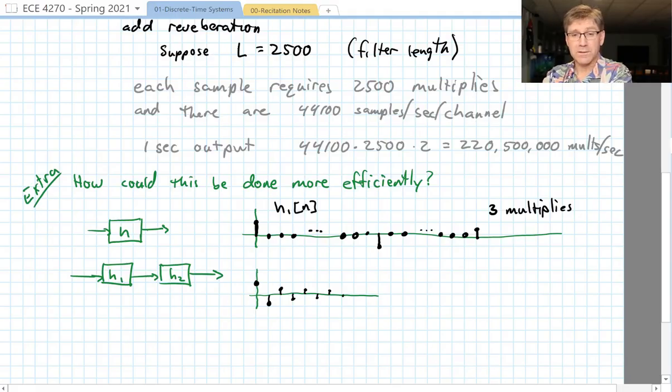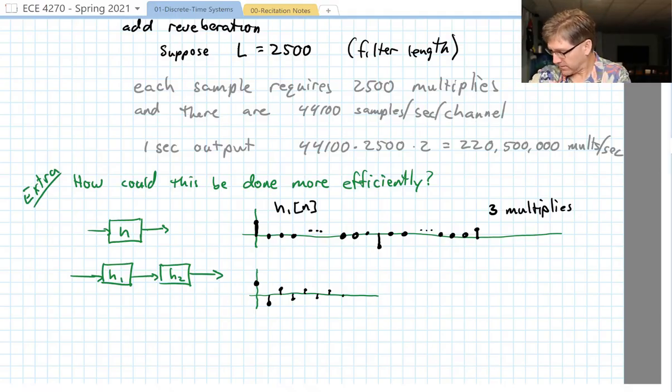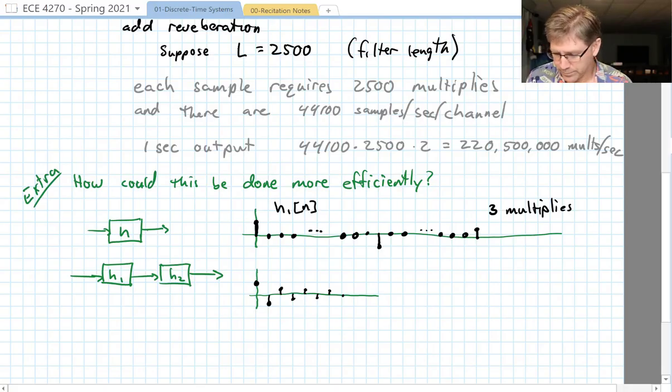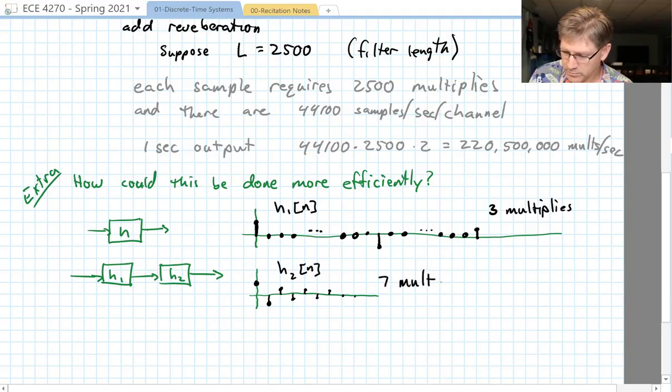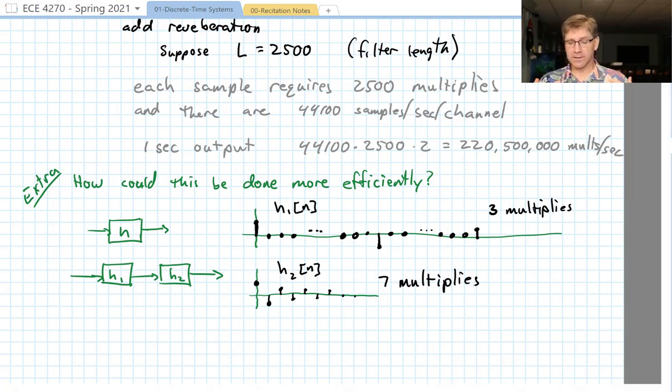It would take almost nothing, but we're going to ignore the IIR case, and we're just going to do it as an FIR filter, just to illustrate this. So 1, 2, 3, 4, 5, 6, 7. Everything else is 0. So this is H2 of n, and it takes 7 multiplies. Okay. So now we filter our signal through H1 first, and then through H2. What do we get?